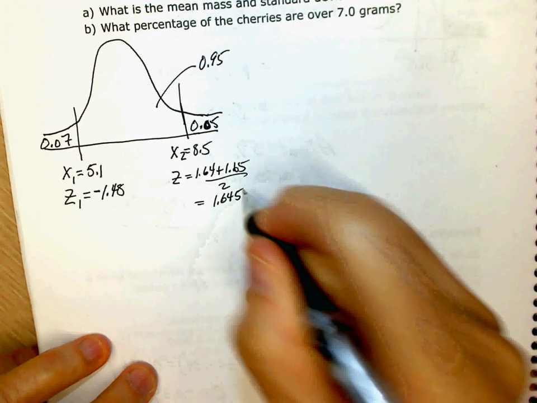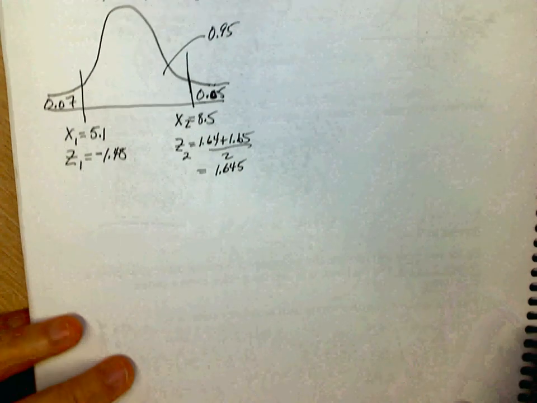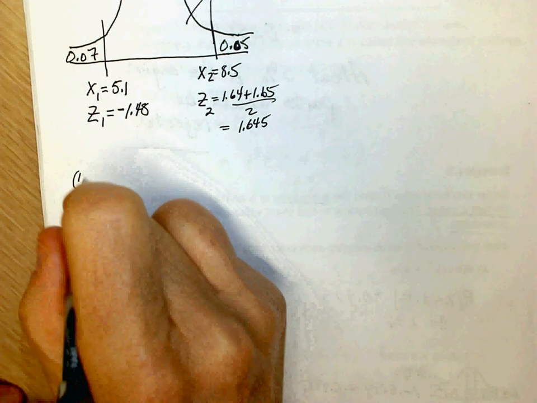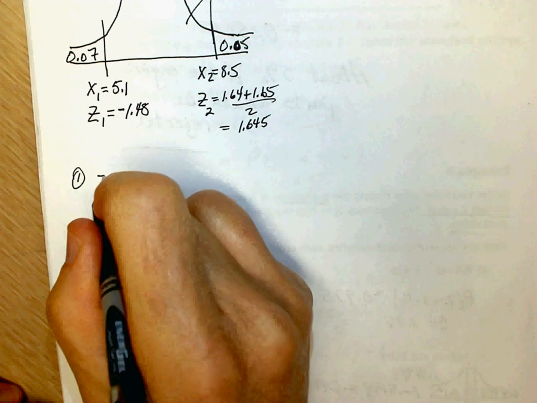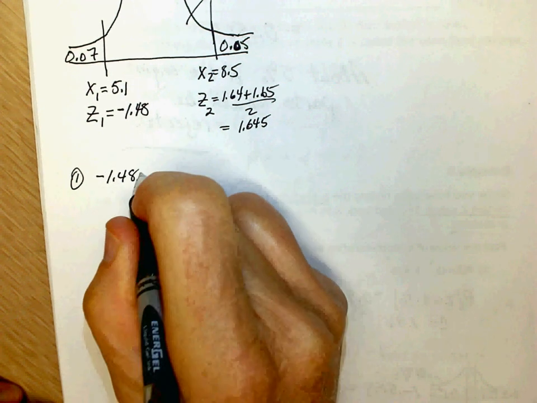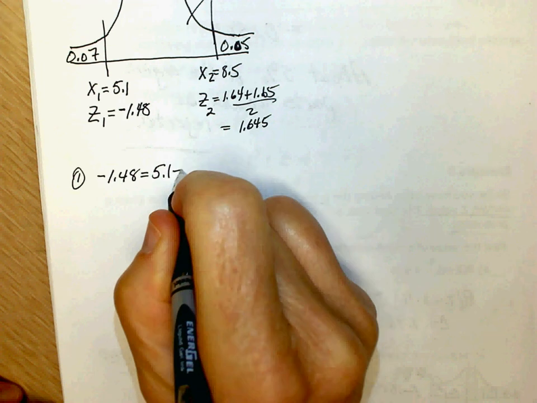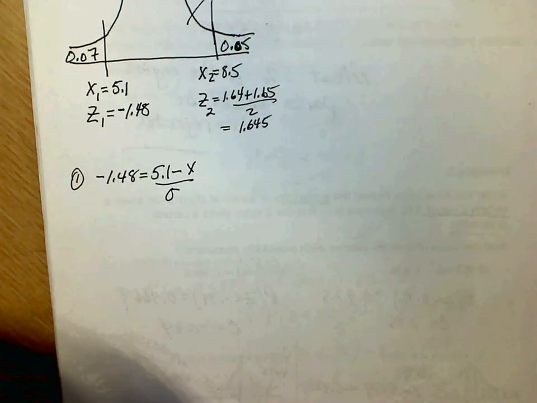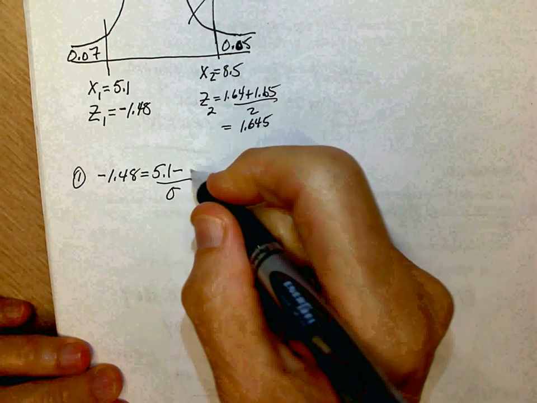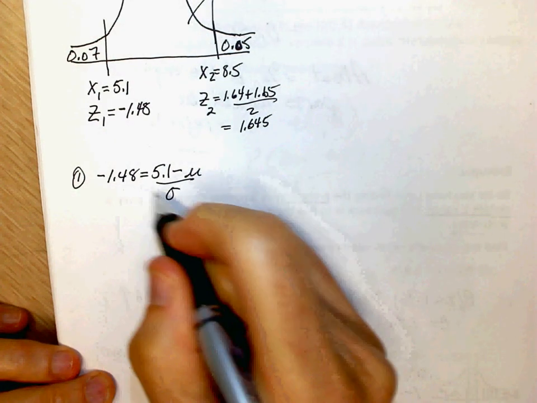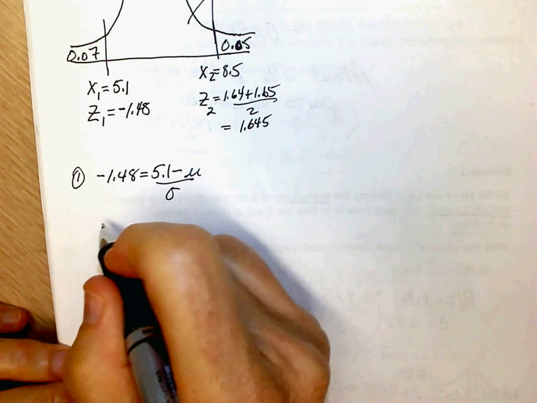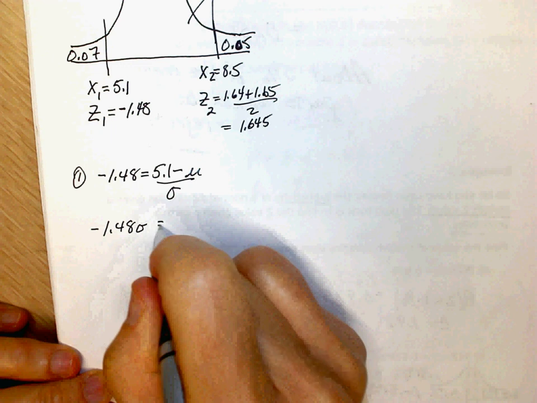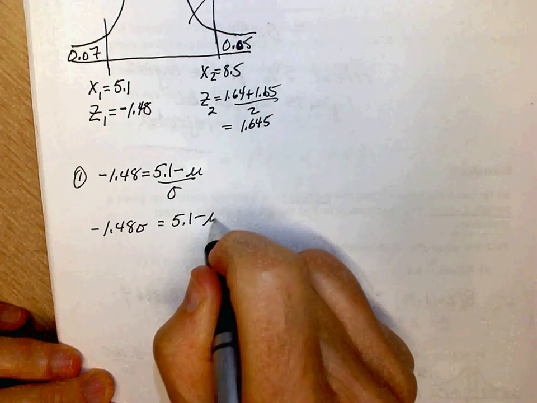So let's set up our equations. Negative 1.48 is equal to 5.1 minus the mean over the standard deviation. I'm going to simplify this a little bit. Negative 1.48 sigma is equal to 5.1 minus the mean, and that will help us when we solve by elimination.